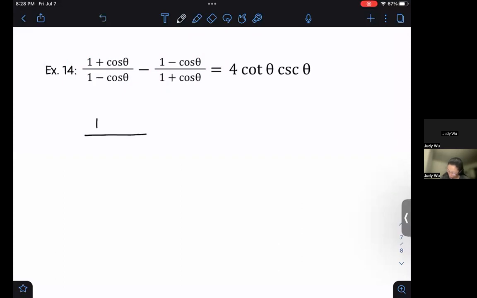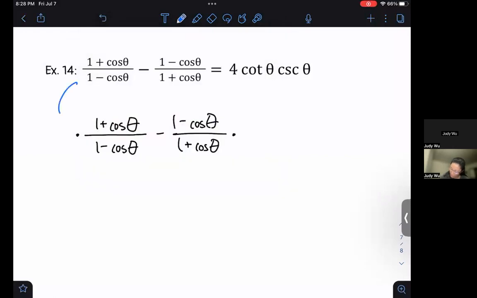So I'm going to copy down the problem as it is. And then before I write that equal sign, I'm going to use that fancy one trick again, the one we did in the previous video.